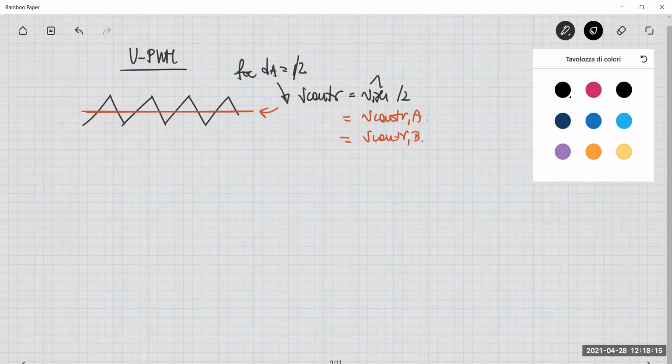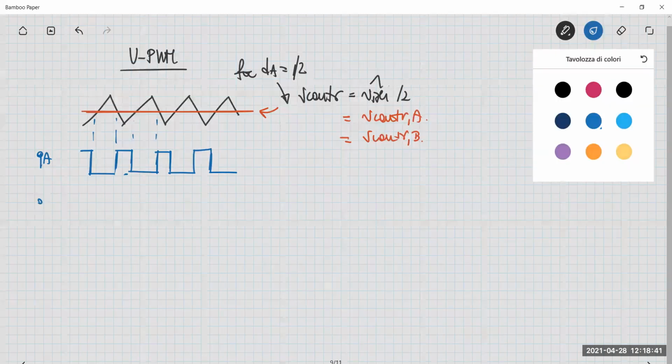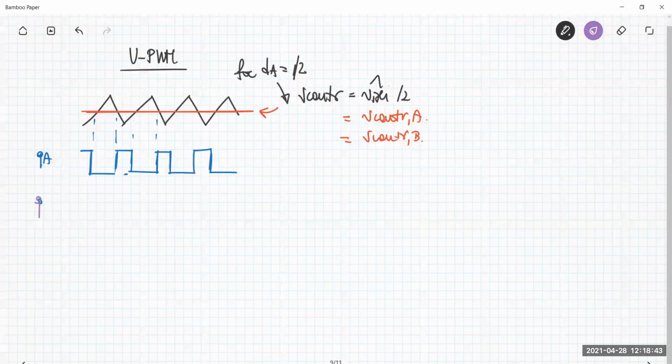So if you plot, say, QA, the QA is something like this, etc. And QB, now I'm answering the question, let me just finish this plot.